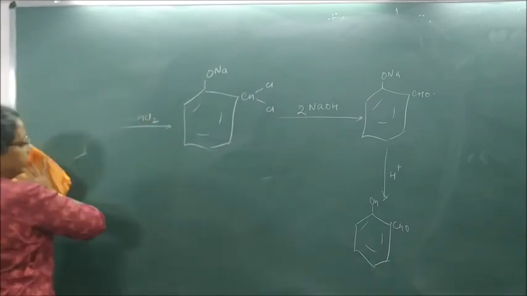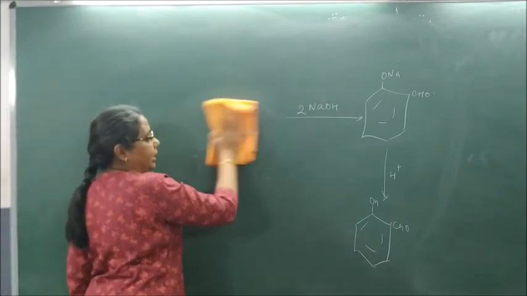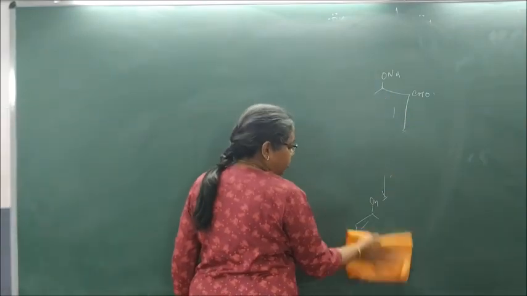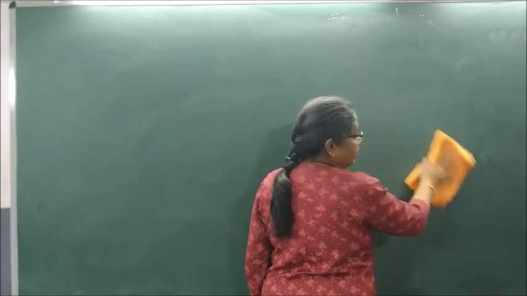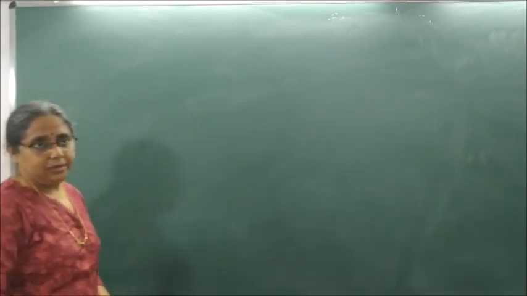So Reimer-Tiemann reaction, if I use chloroform, I get salicylaldehyde. If I use carbon tetrachloride, I will get what? Salicylic acid. So let us do with salicylic acid first.